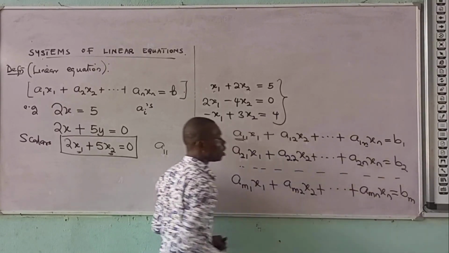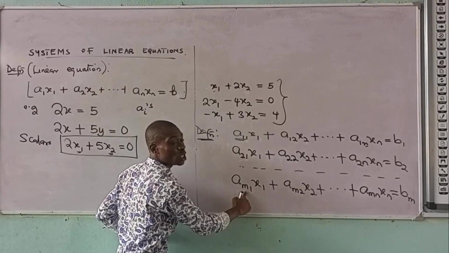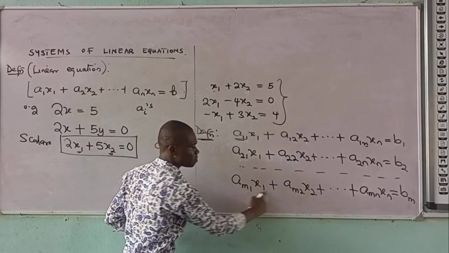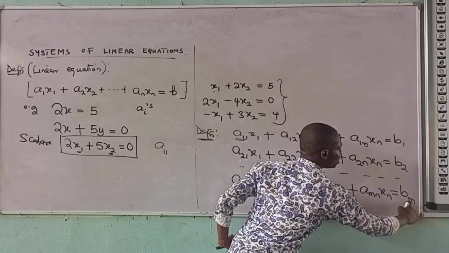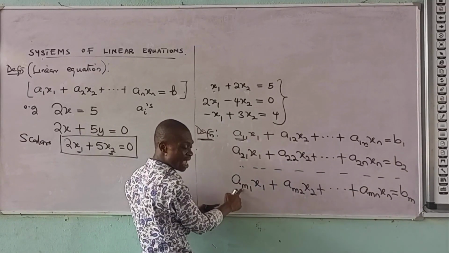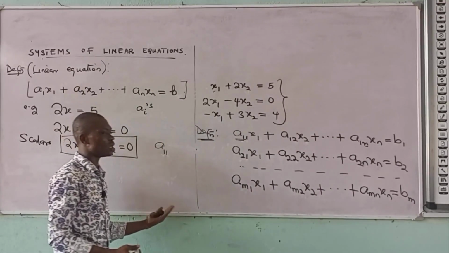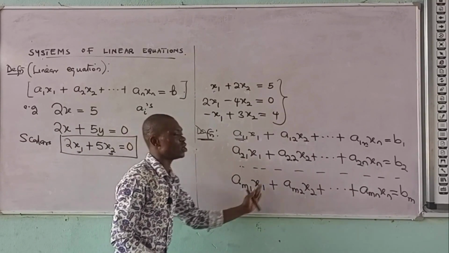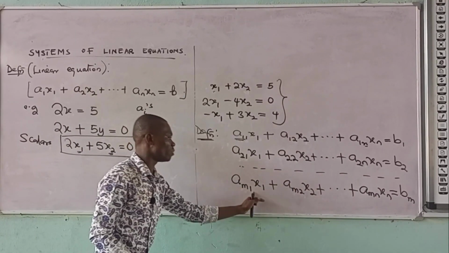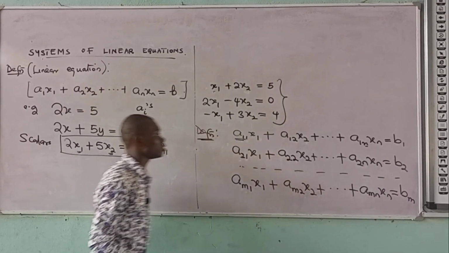Down to here, this is a of equation m, variable 1, a of equation m, variable 2. And you will always see your b having the same subscript as the first subscript of your a, because it's showing that all of them are in the same equation, but the variables can differ. Of course, variable 1 will carry 1 here, variable 2 will carry 2 here, and so on.